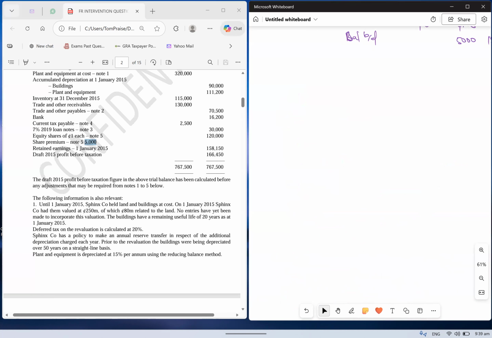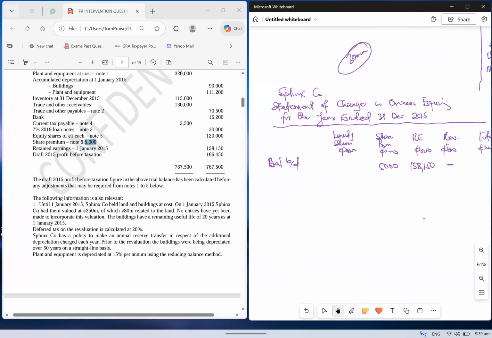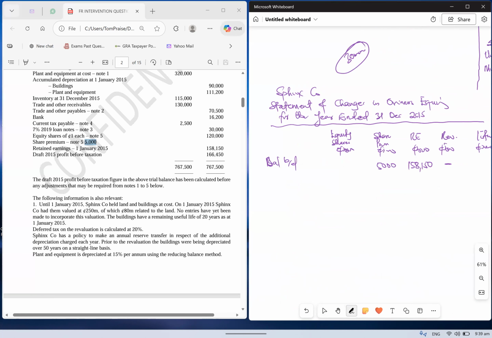So it means from the beginning of the year, this side is 100,000. Then they did the issue of shares, the right issue, which brought in 20,000 here and the 5,000 on the share premium. That is it.